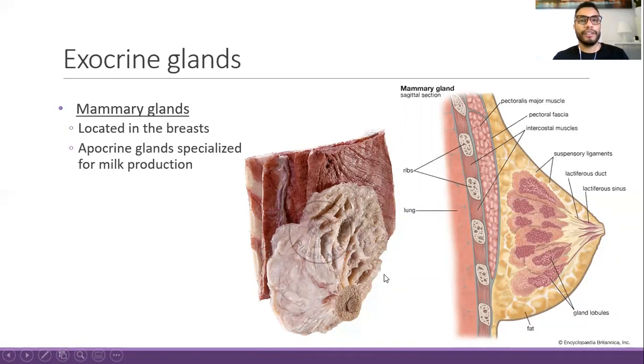With the action of hormones, specifically prolactin in this case, prolactin will trigger the production of milk in the female. That's the difference, because in the male, the mammary glands are not matured. That's why males don't produce milk.